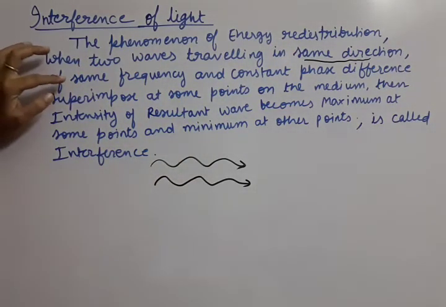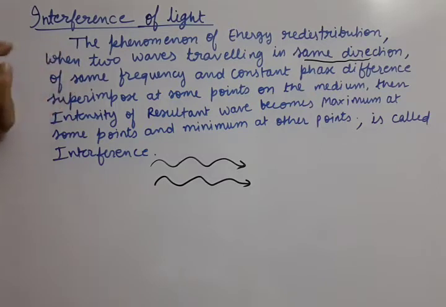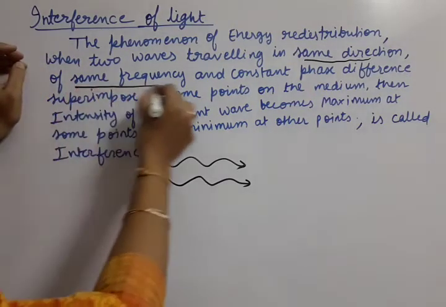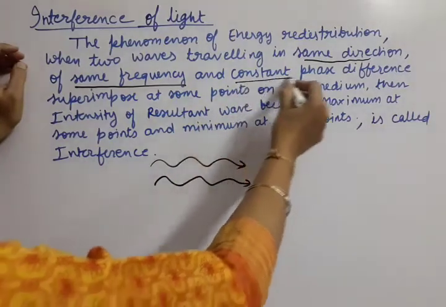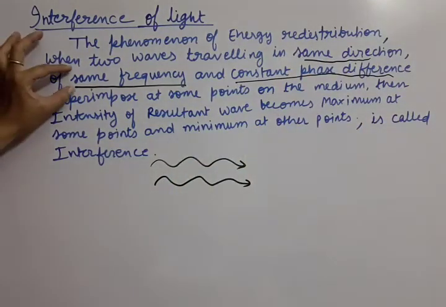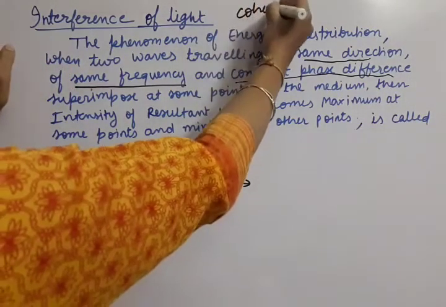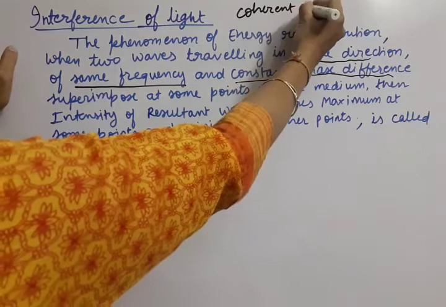Then other than the same direction, what other conditions should be there? That are that the two waves should be of same frequency and they should be of constant phase difference. Okay, so this same frequency and constant phase difference, it can also be known by a single name, coherent sources. These conditions mean coherent sources.